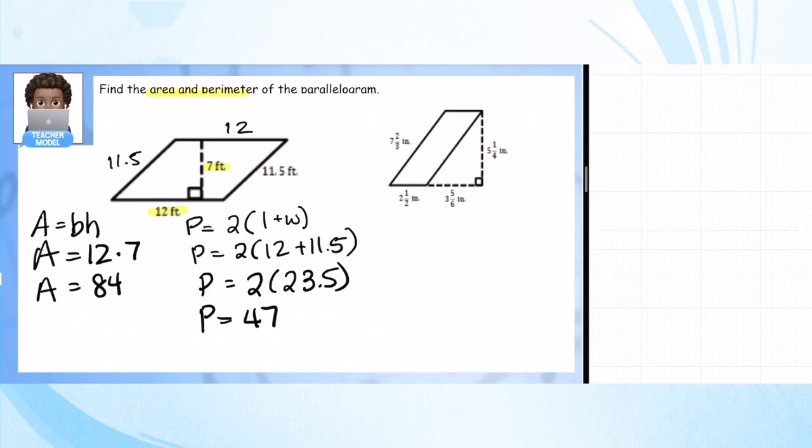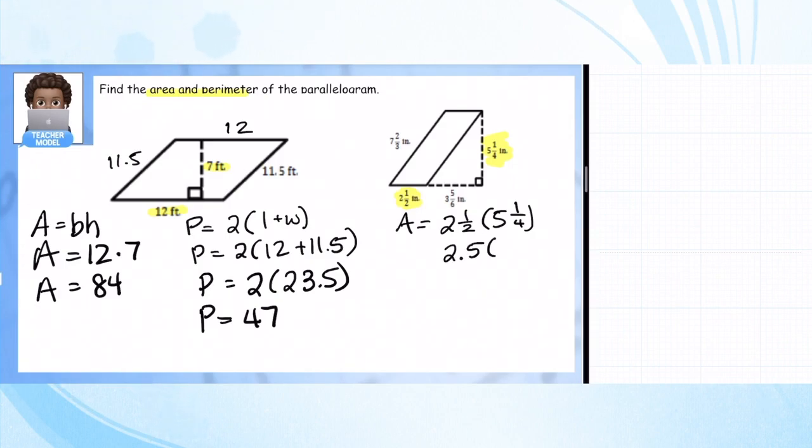This one has a lot of fractional numbers. So for area, let's look at the numbers I want. I want this base and this height: 2.5 times 5 and 1/4. I'm going to change these into decimals so I can work with my calculator.